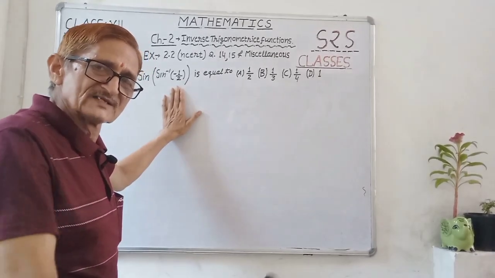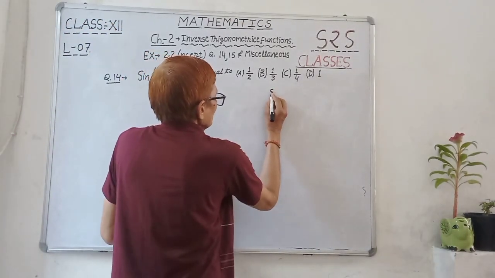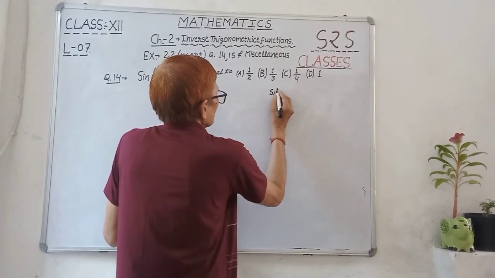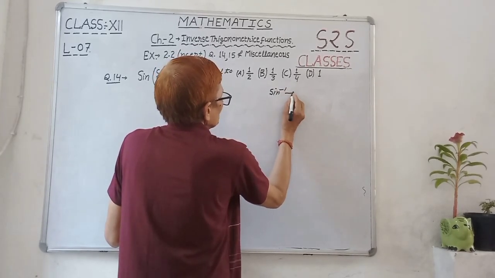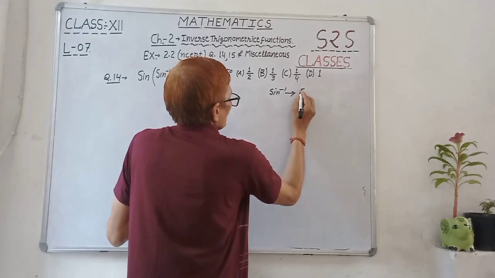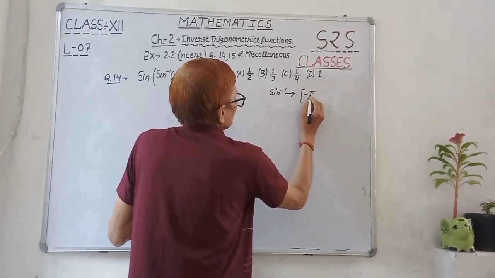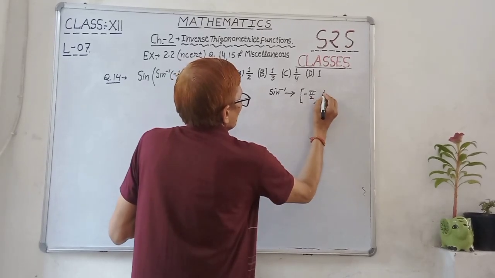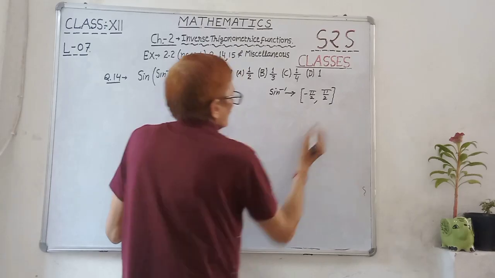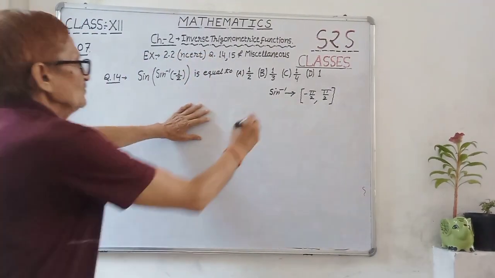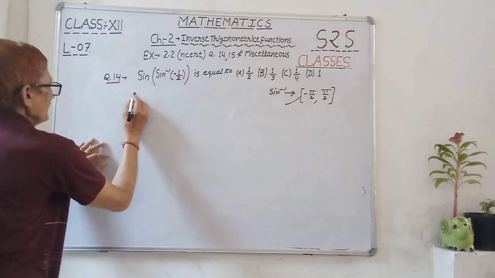The principal branch of sine inverse is the closed interval minus pi by 2 to pi by 2, over all real numbers. You know that. So in the branch, that must be the angle A. Now simplify this.